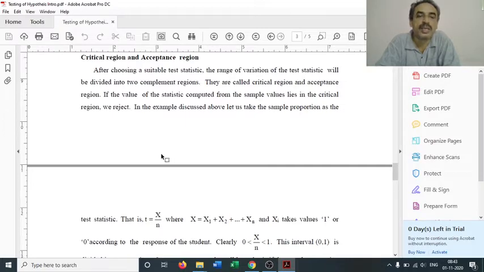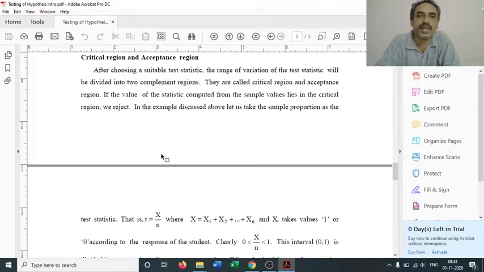In critical region and acceptance region, we divide the total range of variation of the test statistic into two sections. One is the section in which we reject the hypothesis, and the other is the range of the test statistic in which we accept the hypothesis. Based upon the values of the sample, we calculate the statistic's value. If the value of the statistic appears in the rejection region, we reject the hypothesis.